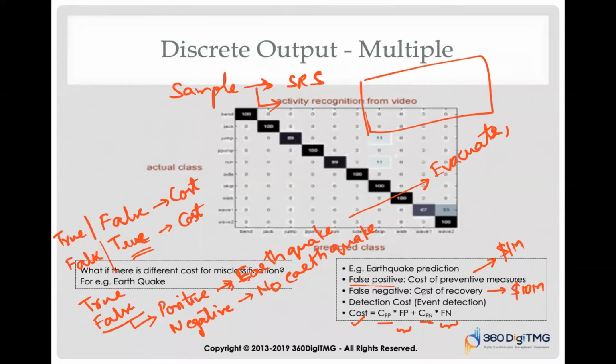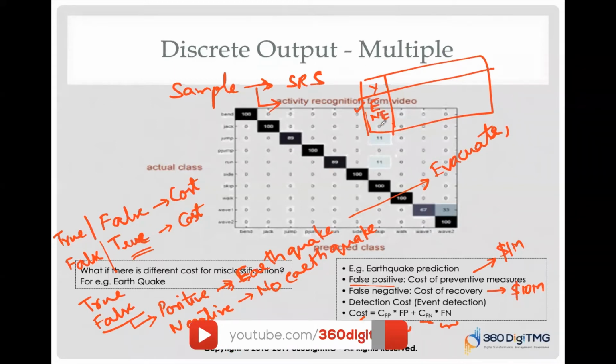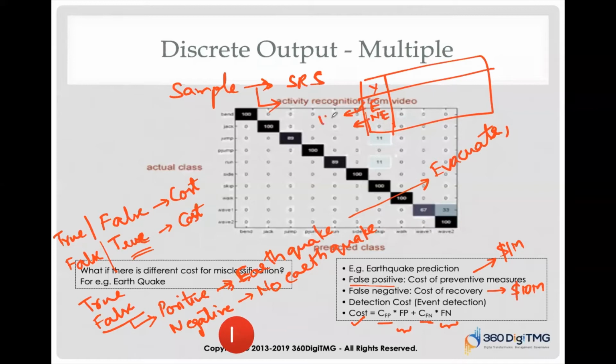So you'll ensure that you have a lot of earthquake cases. If the output variable is earthquake and no earthquake, your model should learn a lot of earthquake cases so that it classifies correctly whenever there is an earthquake. So for every one instance of no earthquake label, you need to have 10 earthquake instances so that your model learns more of earthquake instances.